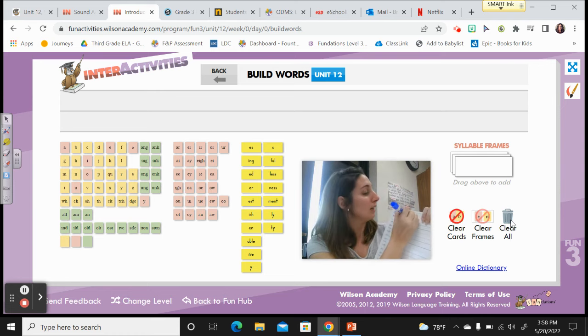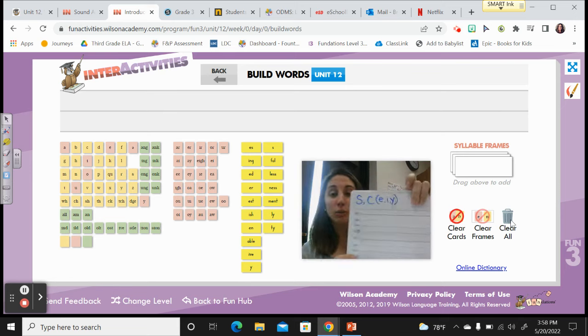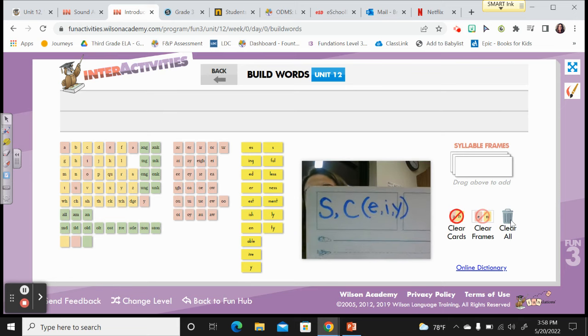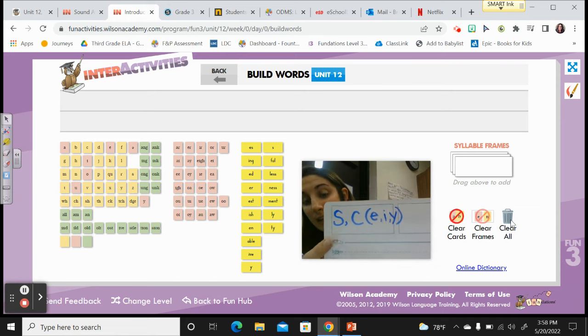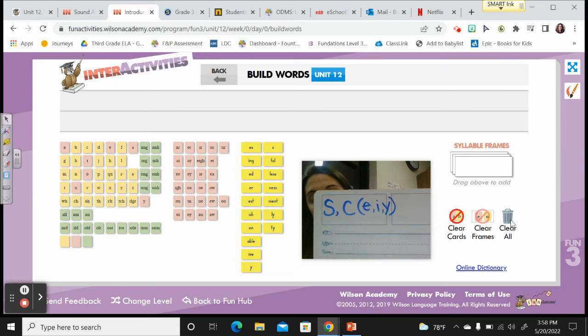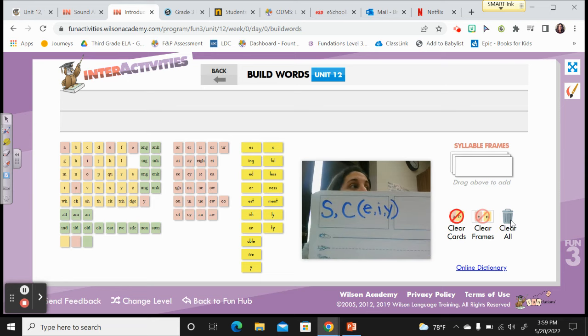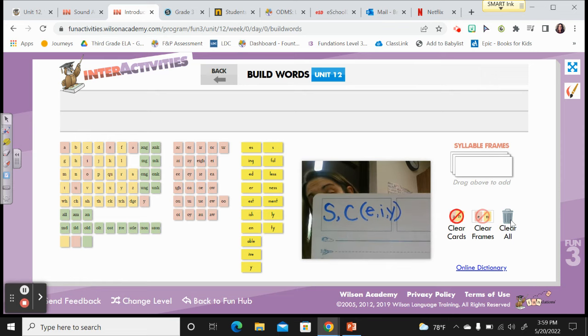Yes, when it's followed by an E, comma, I, comma, or Y. All right, so look really closely at this. That is exactly how you are to indicate the sound for S in Unit 12. Okay, so on your unit test, if you were expected to take the unit test and do this, that's what the expectation is. All right, so that's how we'll be practicing from here on out.